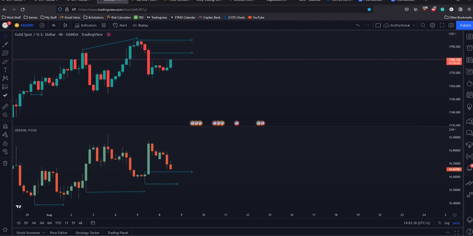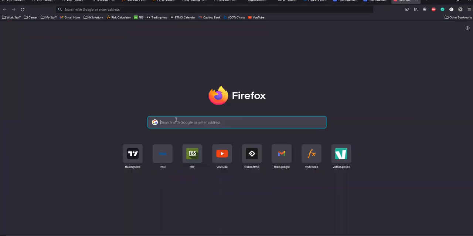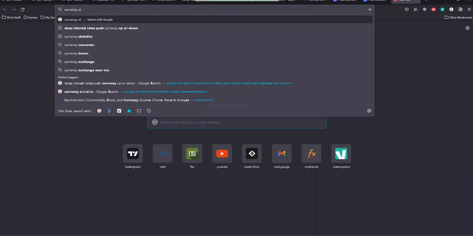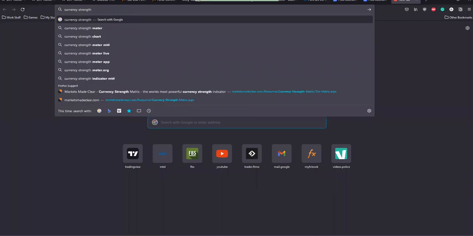But I'm trying to show you that if you incorporate ZAR, for example, it is an example of a strength weakness indication, okay? Because we don't use a website where you type in currency strength indicator, meter or something like this.